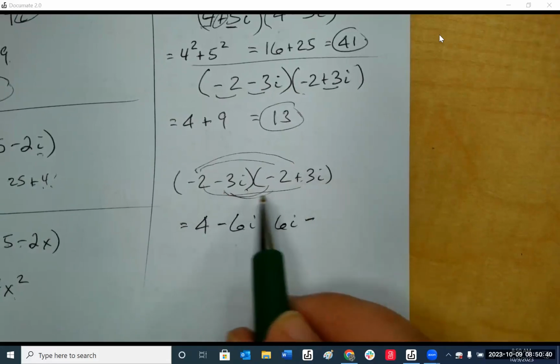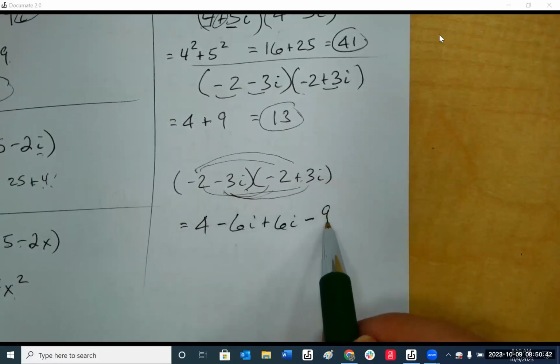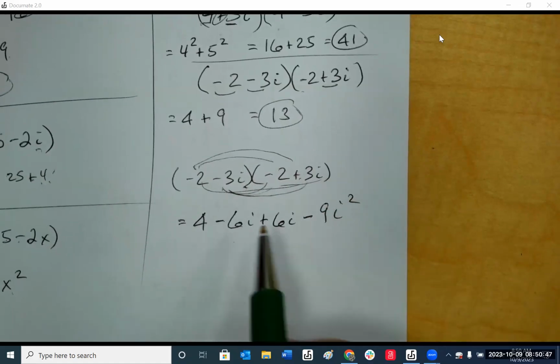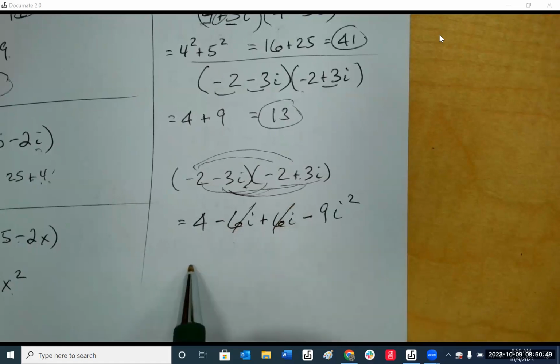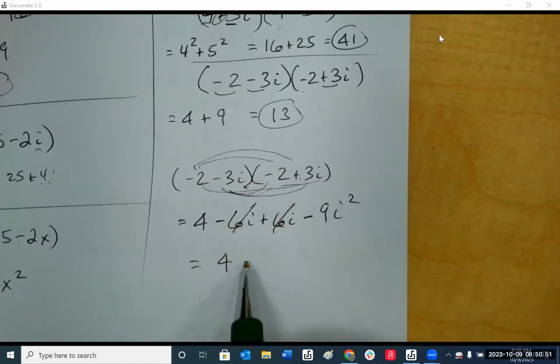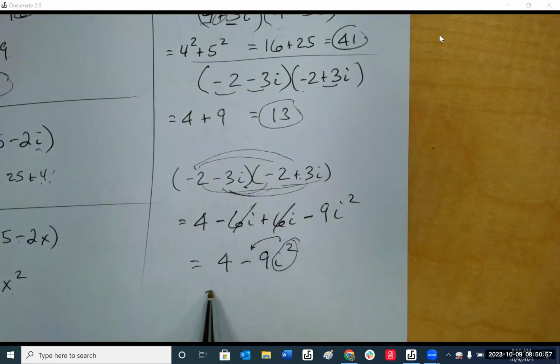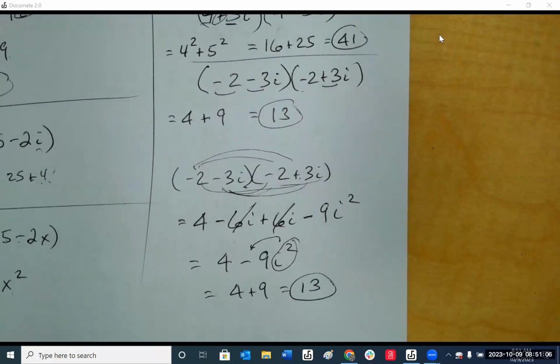Negative times positive is a negative. 3 times 3 is 9. i times i is i squared. This i squared changes that sign. It's just a shortcut.